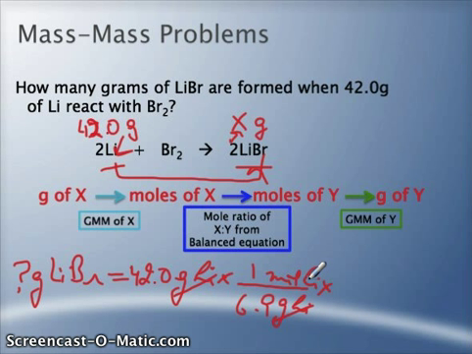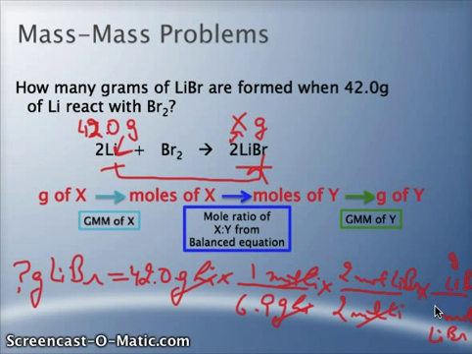Now your connection between moles of lithium to moles of LiBr. This is based on your balanced chemical equation. For every 2 moles of lithium, I produce 2 moles of LiBr. Moles of lithium cancel. Now the last part we have to do is convert moles of LiBr to grams of LiBr.